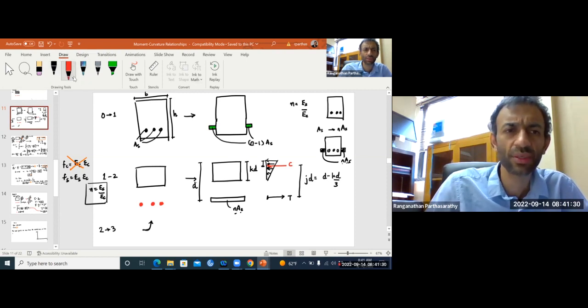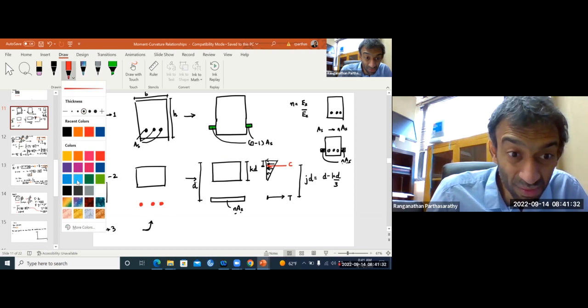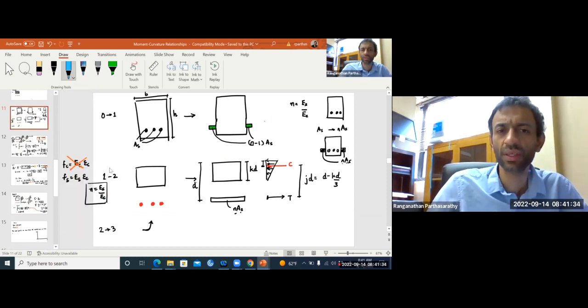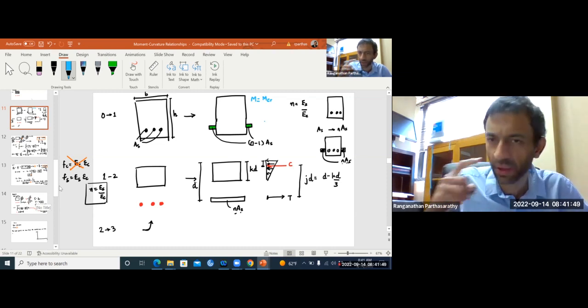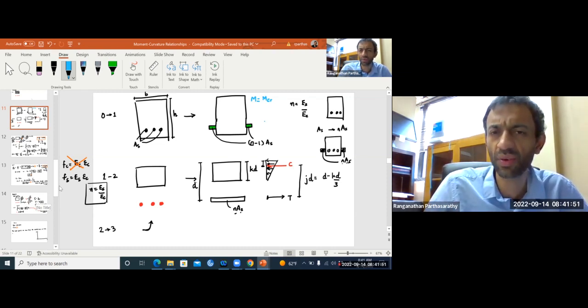In blue, for point number 1, your moment will be just the cracking moment, right? Point 1 is the point of cracking. What's the curvature for point 1?